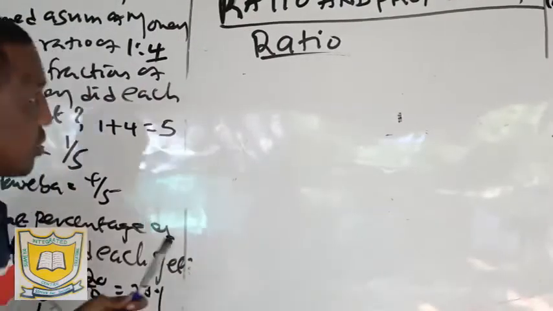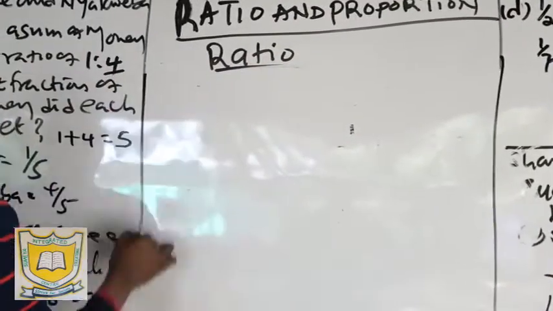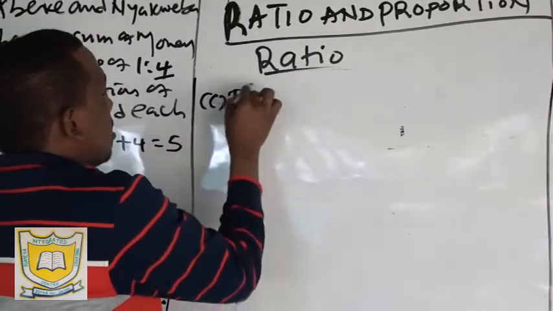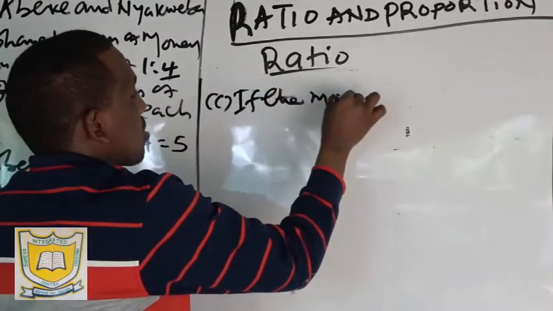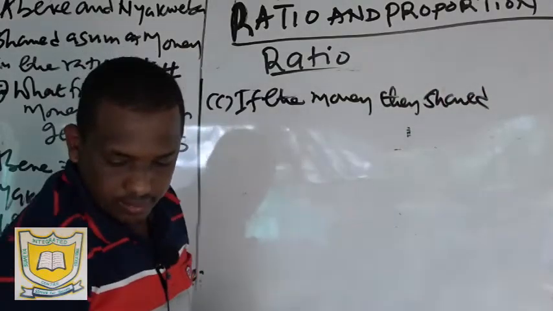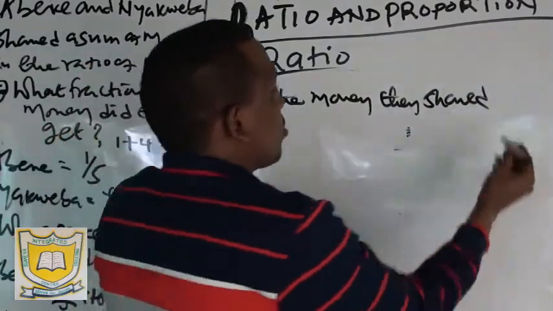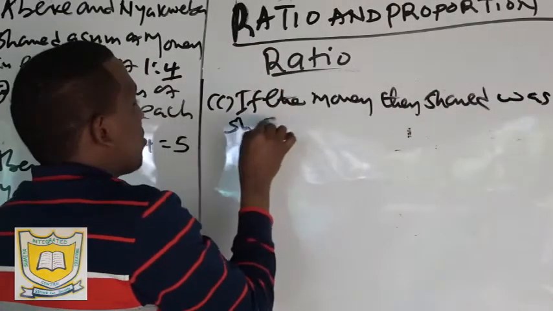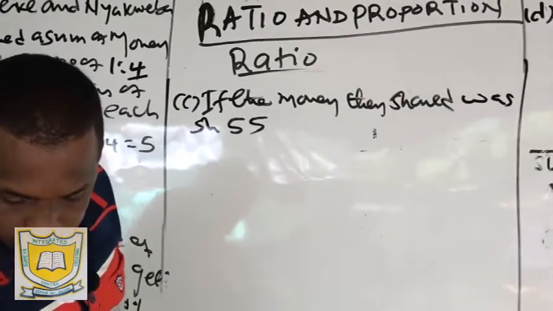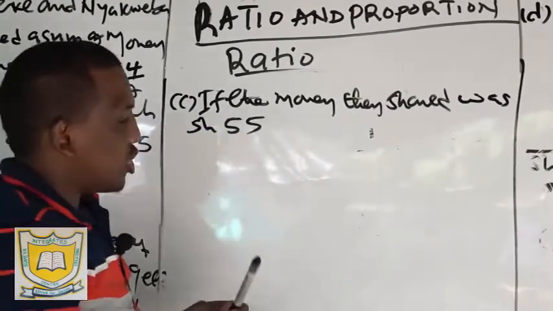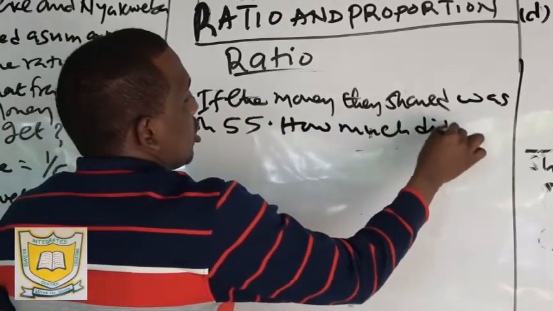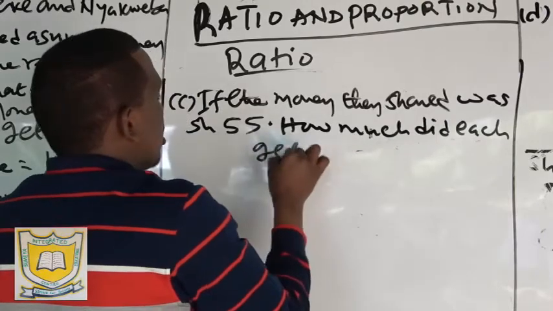Question C says, if the money they shared was shillings 55, then how much did each get?